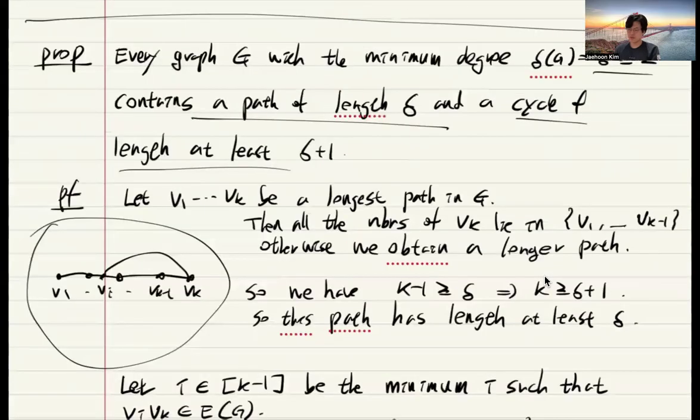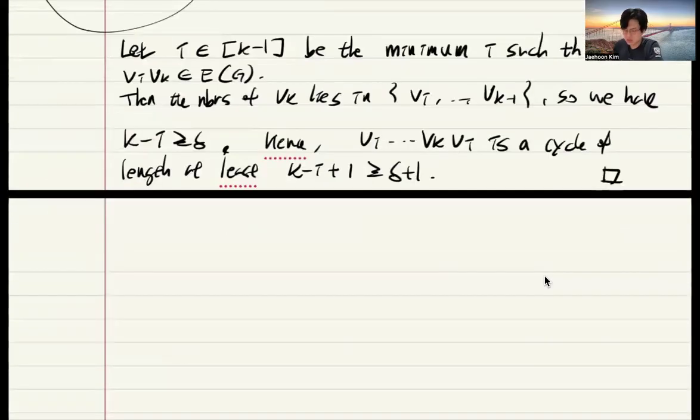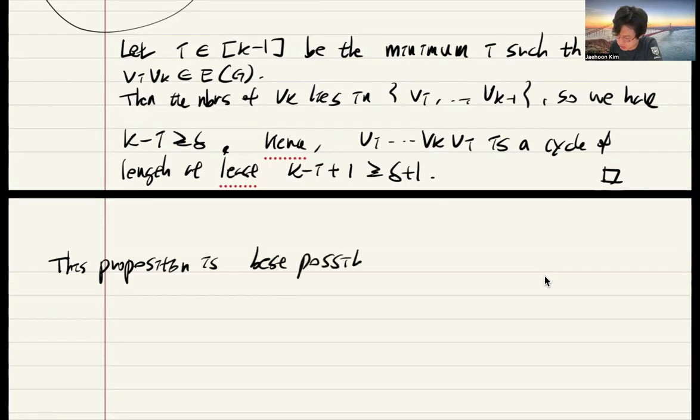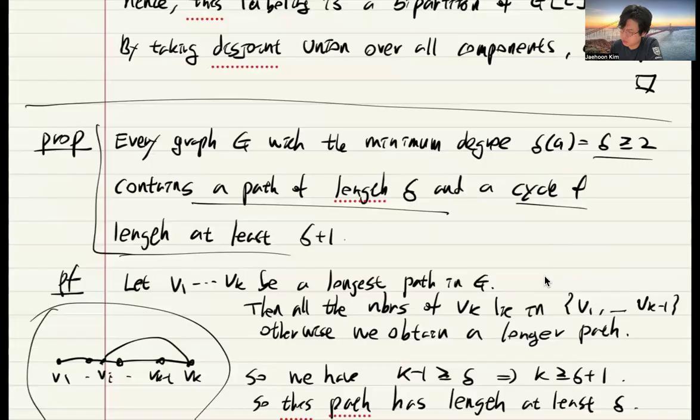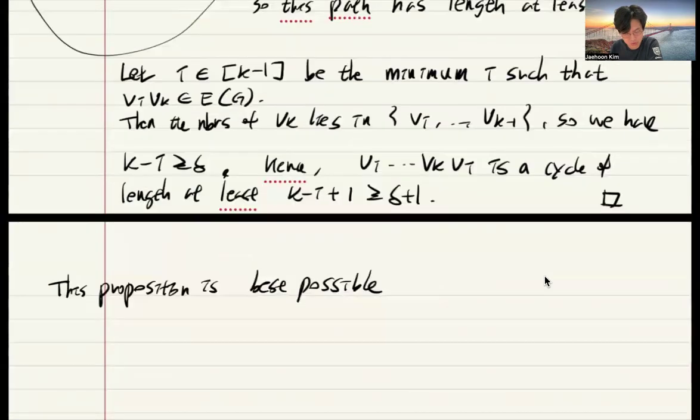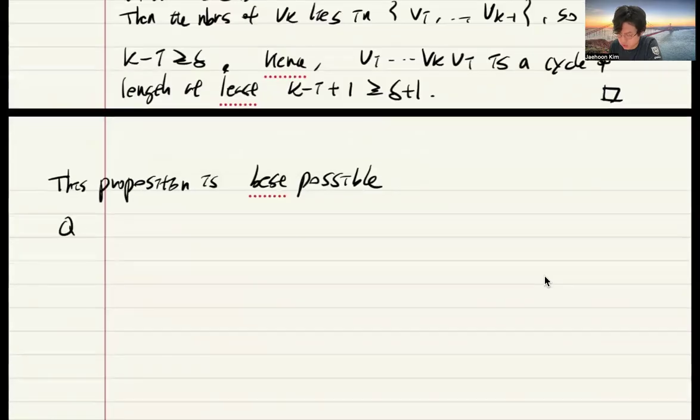And this proposition is best possible. Meaning that if you have minimum degree delta, then obtaining a longer path and longer cycle is not necessarily possible. It could be impossible for some graphs. Why?